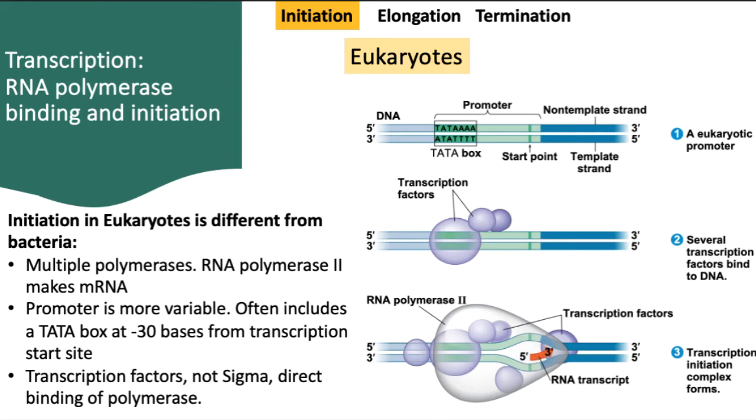Many of these, however, include a sequence of TATA, known as a TATA box, and this is also upstream of the transcription start site. Lastly, the binding of the RNA polymerase is directed by the presence of transcription factors, molecules that bind to the DNA and identify the sequence as the promoter.